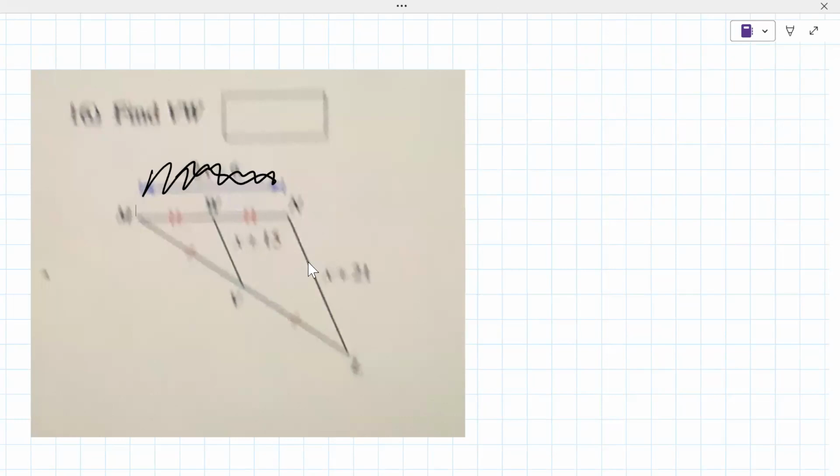Looks like X plus 15 and X plus 21. Okay. Tell me the variable you put on the left and the right of the equal sign, please.